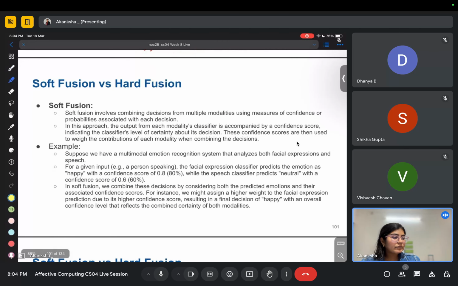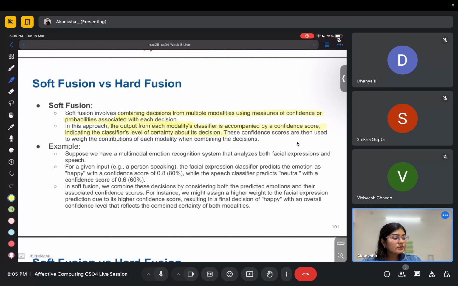So examples we can see. Soft fusion involves combining decisions from multiple modalities using measures of confidence or probabilities associated with each of the decisions. The output from each modality's classifier is accompanied by a confidence score. Let's say the facial expression tells you I'm 90% sure that this is happiness. Then these indicate the classifier's level of certainty about the decision.